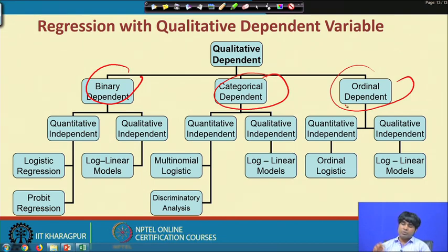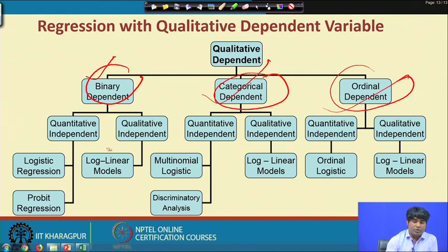Sometimes in engineering problems the dependent variable is categorical in character, or ordinal in character, or binary in character. If it is binary, we come to this group; if it is categorical, you come to this group; and if it is ordinal dependent, we come to these groups. Then again, each basket has different forms of models.